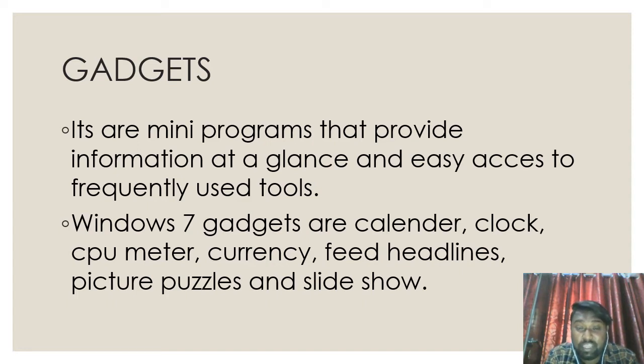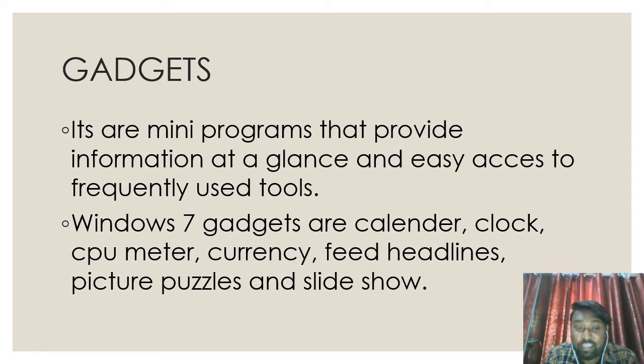Another method is the easy way of accessing everything on the home screen itself. Keeping those files or programs on the home screen, minimized into small parts, those small things are known as gadgets. That's why they are mini programs.